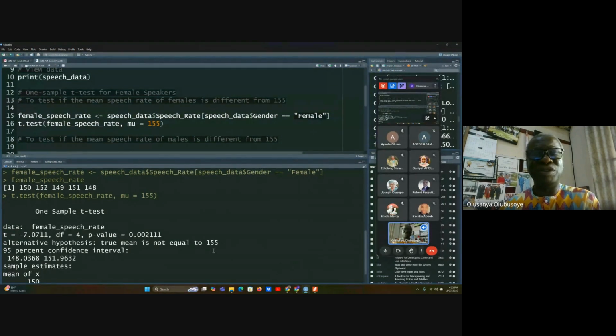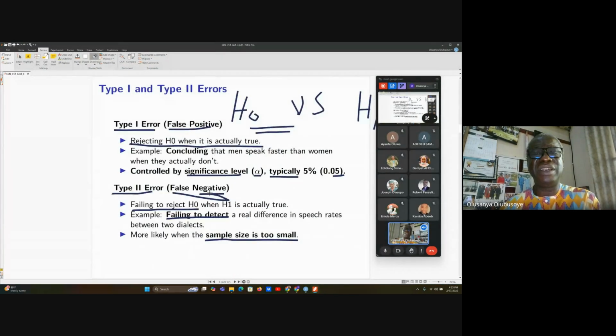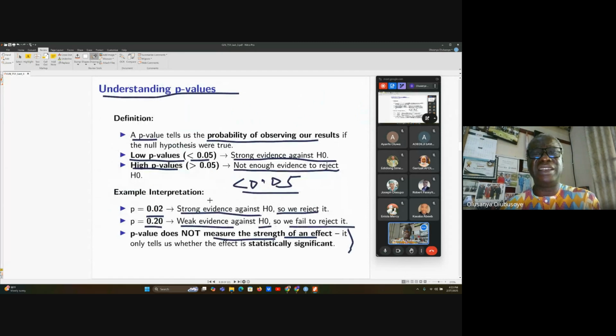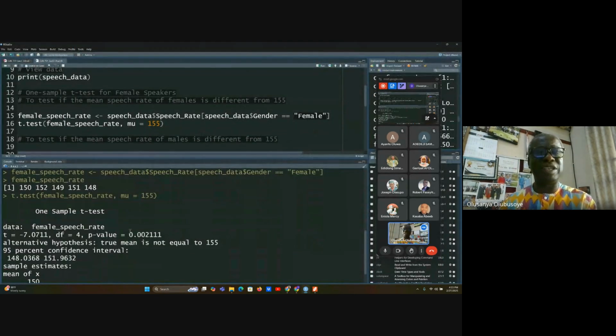And you know what we said: whenever the p-value is smaller, it means we have strong evidence against the null hypothesis. As I said earlier, the smaller the p-value, the stronger the evidence we have against the null hypothesis.